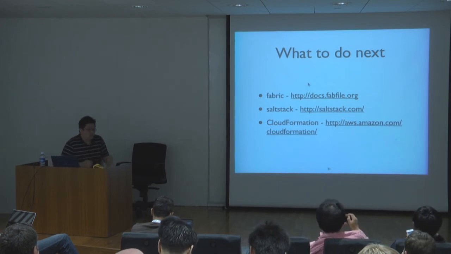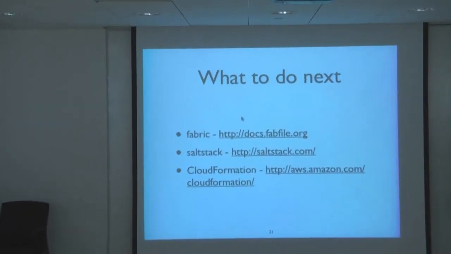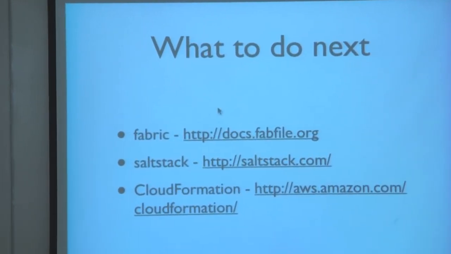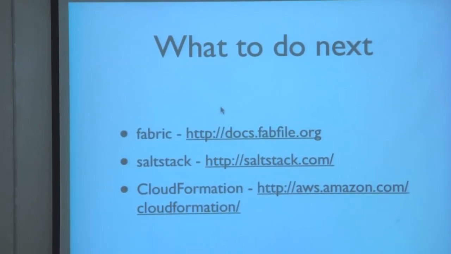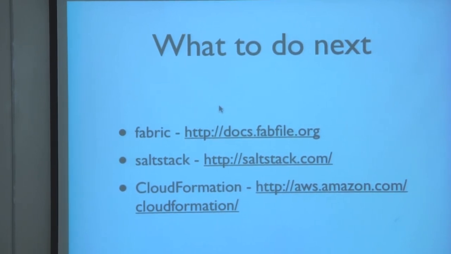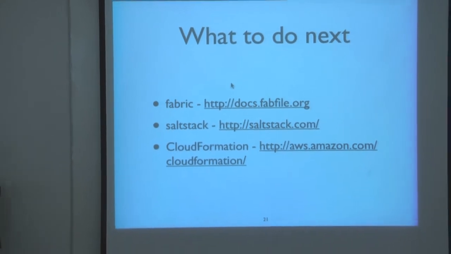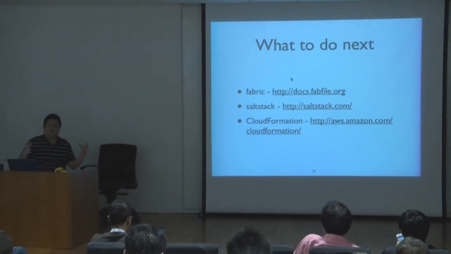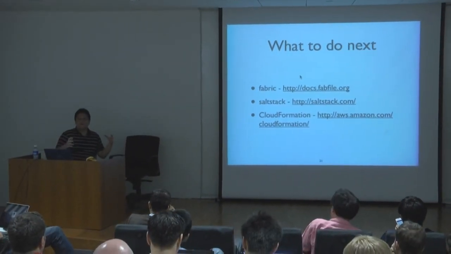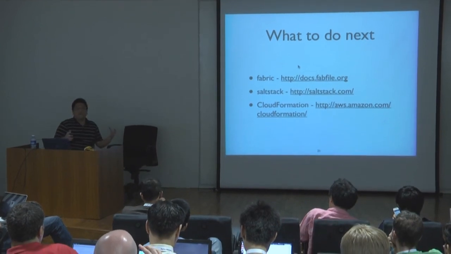And where to go from here, what to do next, really depends on your system architecture, what you want to do with it, what you're deploying, and so on. Some of the tools you can use to actually build out your infrastructure are frameworks like Fabric.